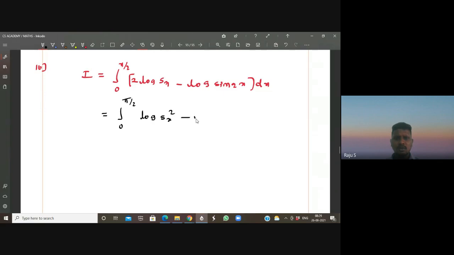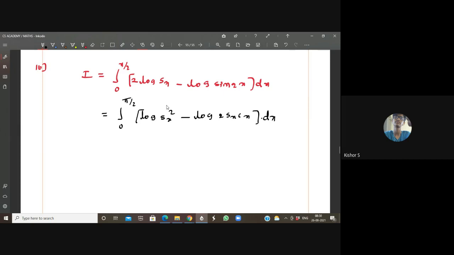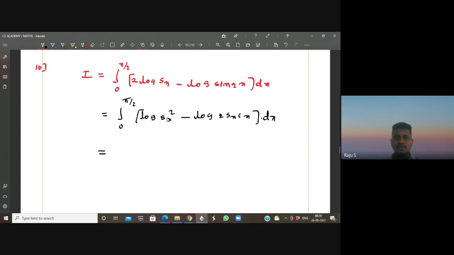Minus log. Shall I write here sin 2x as 2 sin x cos x? Yes, we can write. Is that log sin square x or sin x square? Not sin x square, it is sin square x. Okay, sin square x.